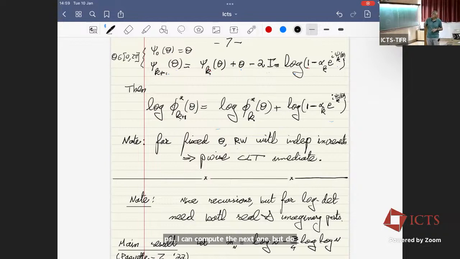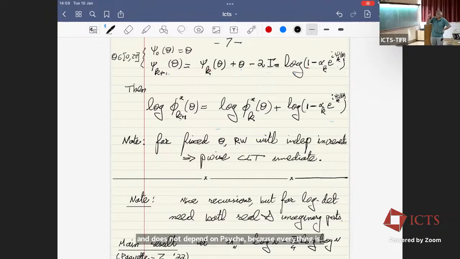But the nice thing to note is that if you give me a particular theta, because the alpha is rotation invariant, it's multiplied by an exponential of a uniform variable on the unit circle, the distribution of alpha k e to the I psi k of theta does not depend on theta and does not depend on psi k of theta, because everything is an additive independent variable.